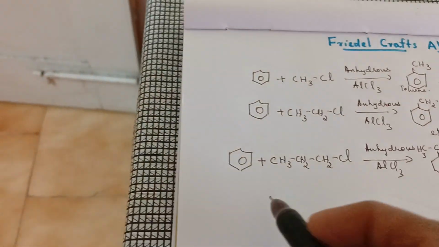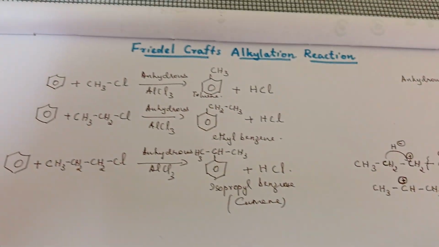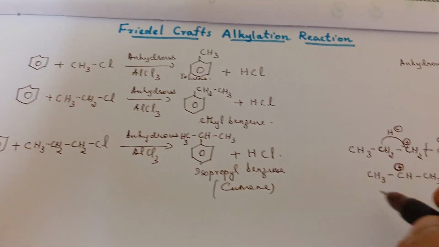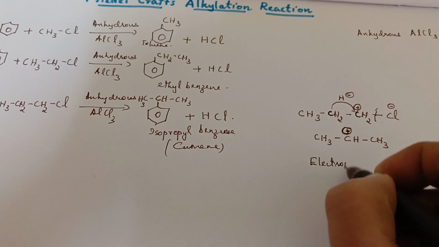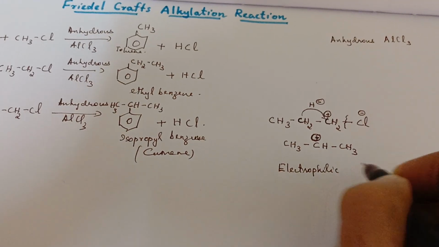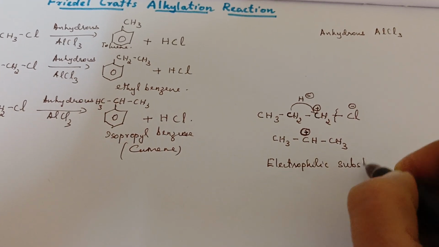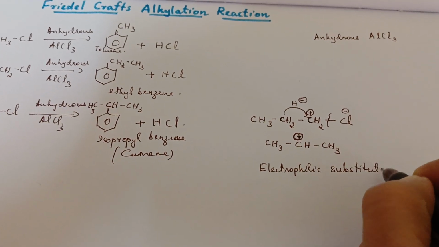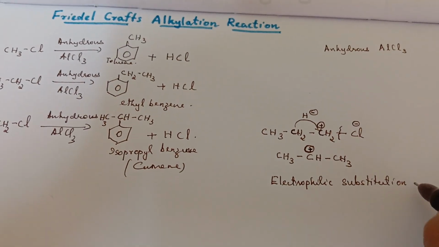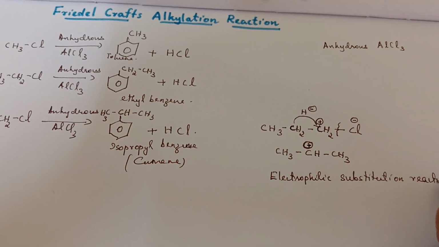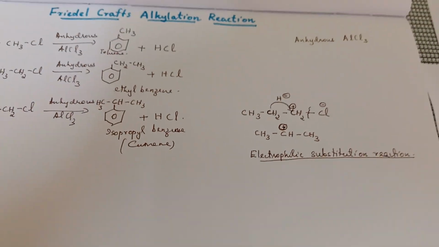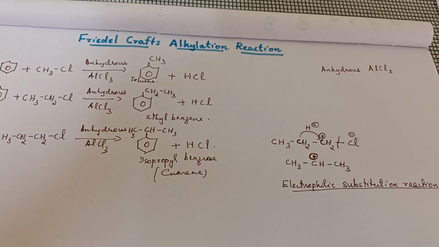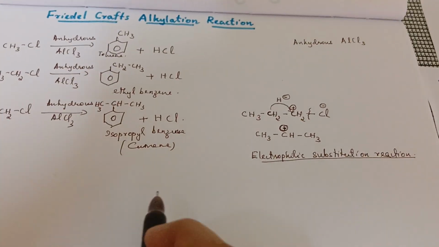Now let us look at the mechanism of the reaction. We know that this is an electrophilic substitution reaction. One electrophile is going away and another one is getting substituted.